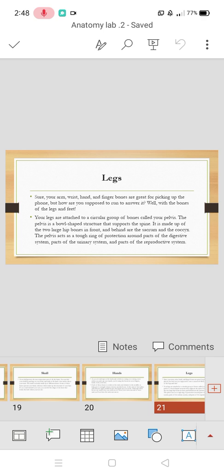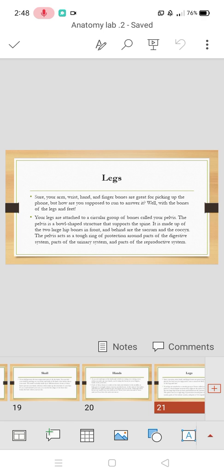We have the leg. Sure, your arm, wrist, hand, and finger bones are great for picking up the phone, but how are you supposed to run to answer it? Well, a few bones of the legs and feet. Your legs are attached to a circular group of bones called the pelvis. The pelvis is a bowl-shaped structure that supports the spine.